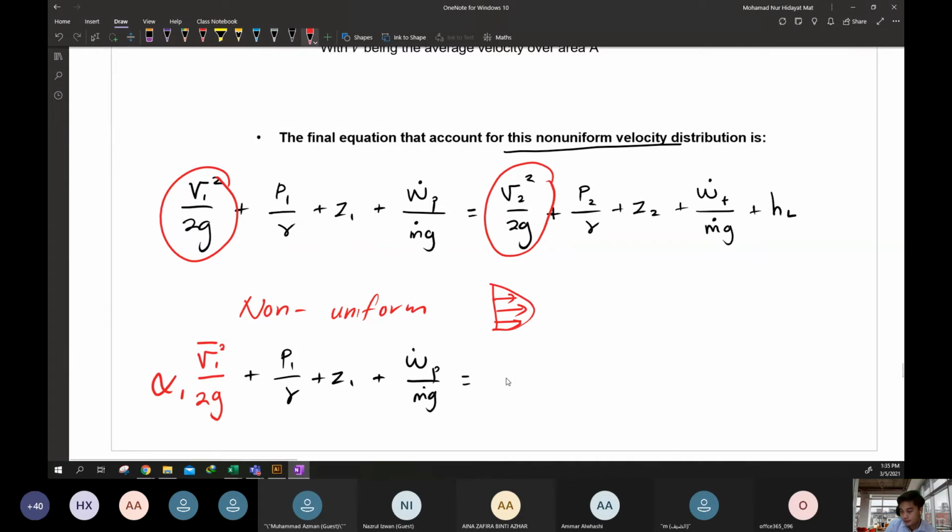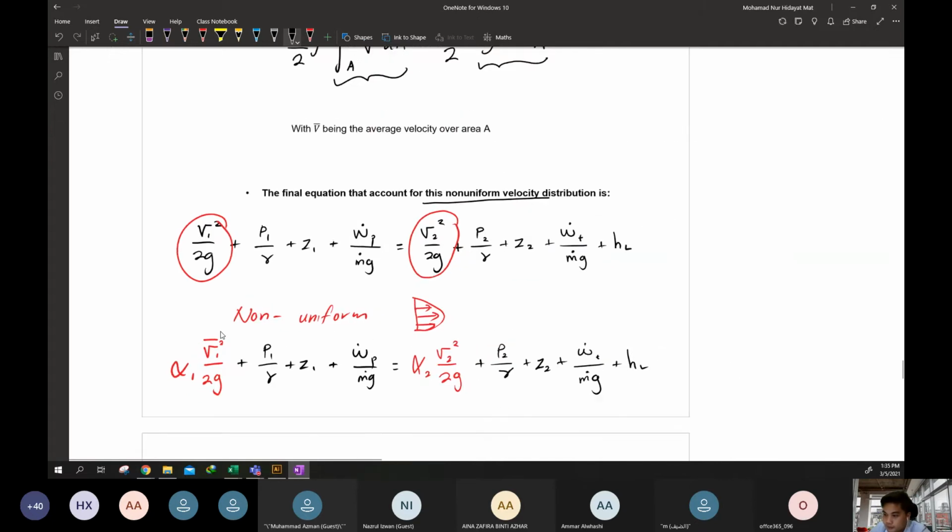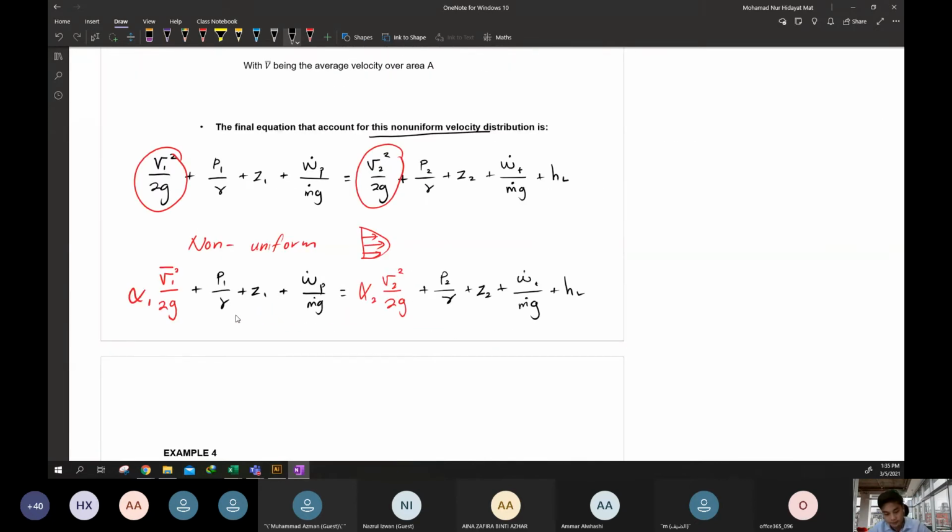Okay, this is the difference. Alright, this is the final version for the energy equation when dealing with non-uniform flow.